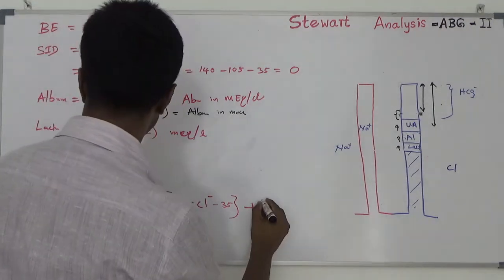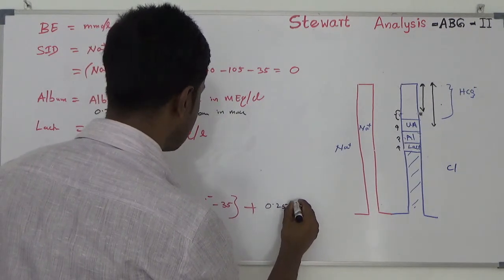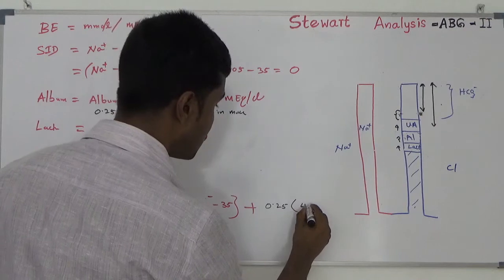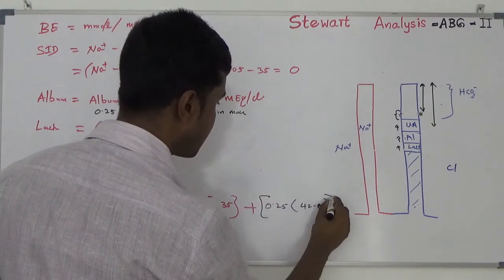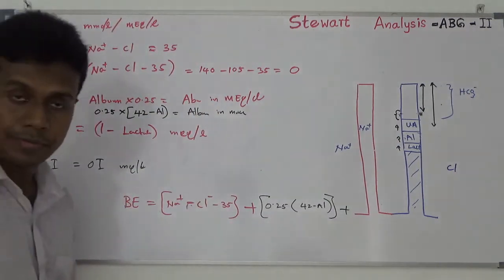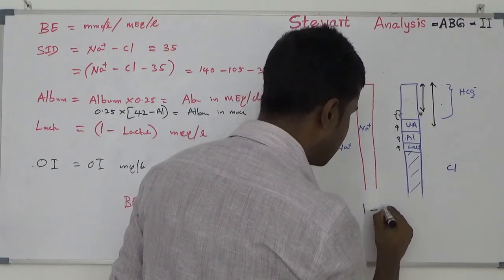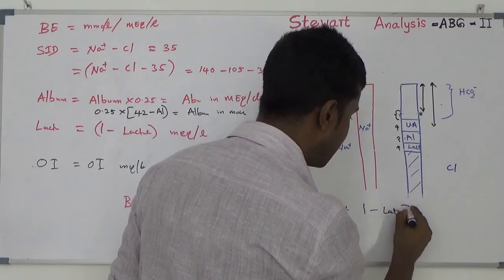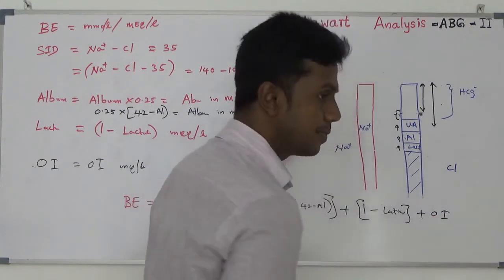Albumin reduction I can write as 0.25 into 42 minus albumin level, plus lactate effect. Lactate effect means 1 minus the amount of lactate present in my body, plus other ion effect.